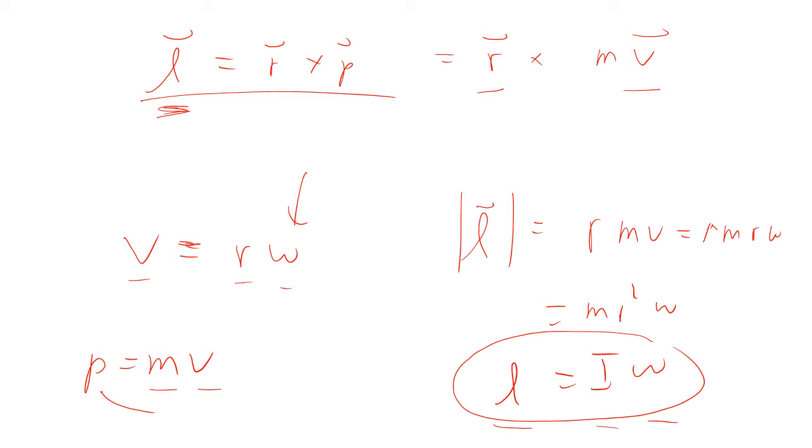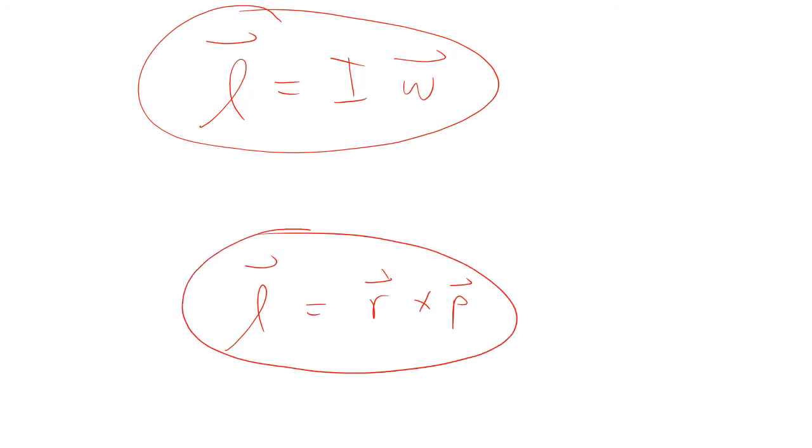So the angular momentum L is I omega, and it's going to be in the same direction as omega. This is one way of writing angular momentum. Another way of writing angular momentum is R cross P. Both of these really mean the same thing, and so we have two different ways of introducing angular momentum.